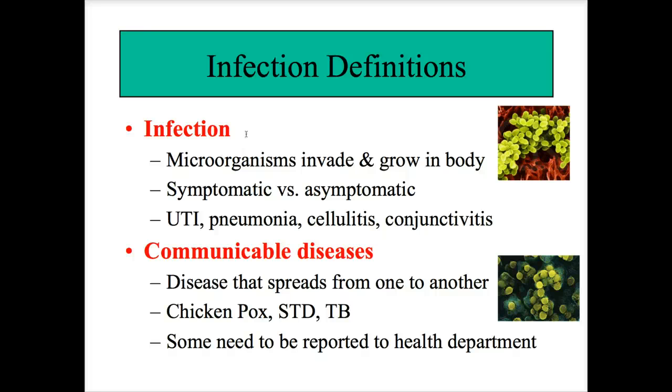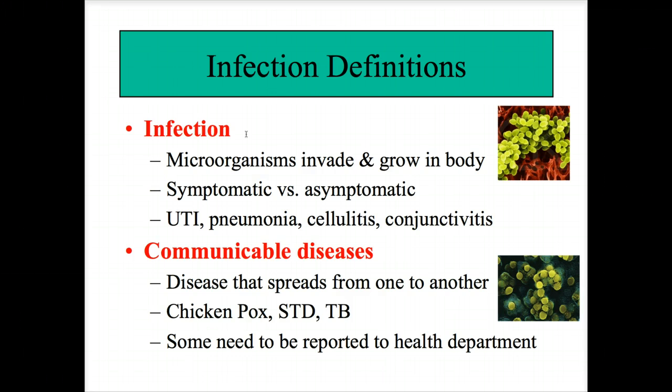Labs can also tell you, through a blood culture or a wound culture, the kind of organism that is causing the infection. So infections can be identified by the microorganisms, and that detection can be discovered through cultures: blood cultures, urine cultures, sputum cultures, wound cultures.